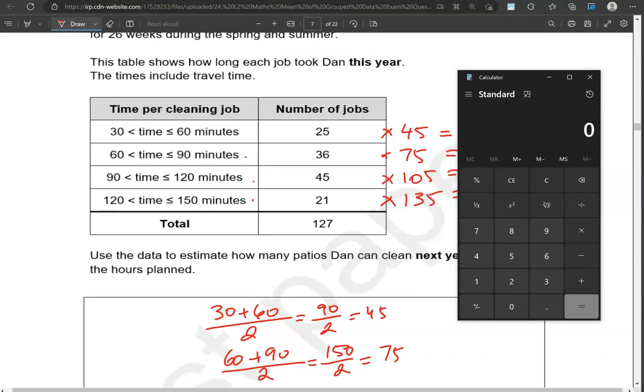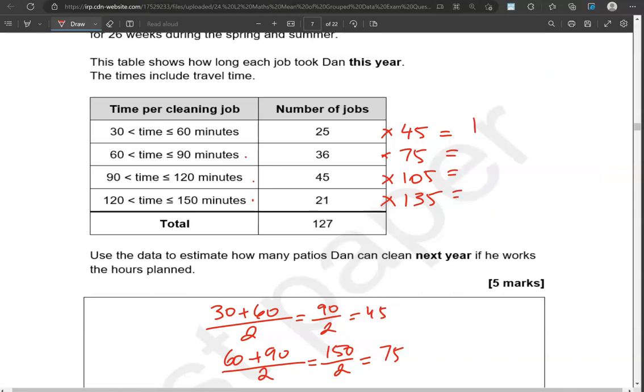So 25, that's the number of jobs at 45 minutes roughly. So we'll multiply that by 45, gives us 1,125.